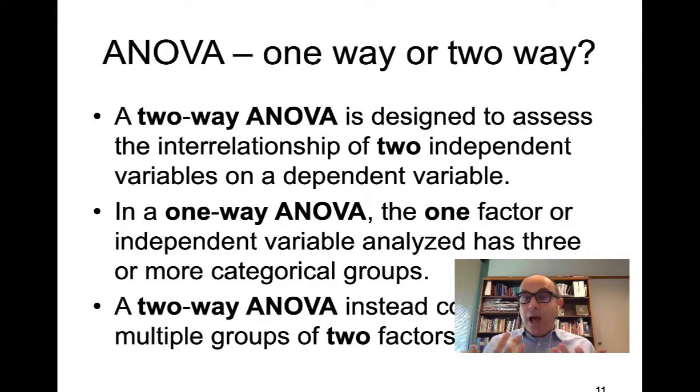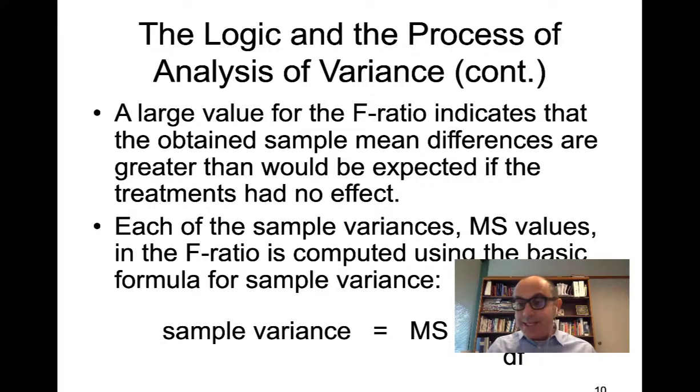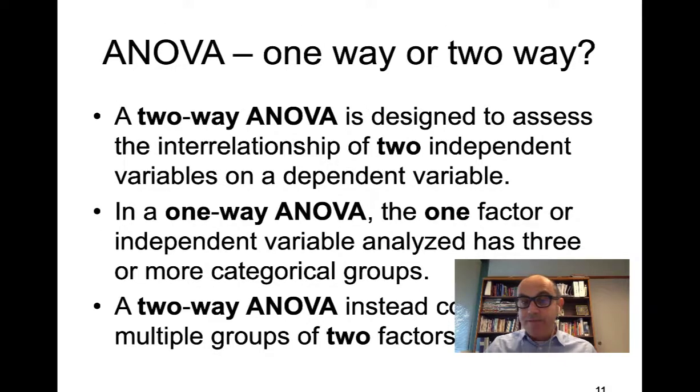One thing I need to highlight here before I go back to what SS and DF are. One-way ANOVA is designed to assess the relationship of independent variables onto the dependent variable.